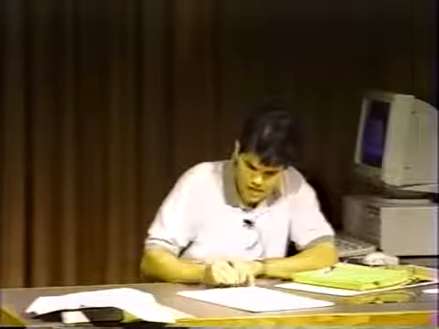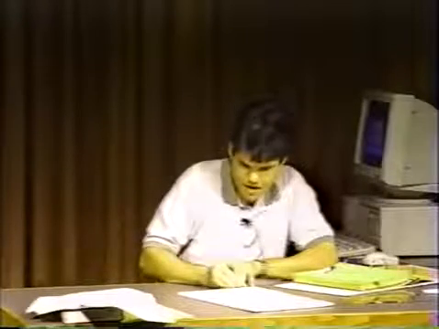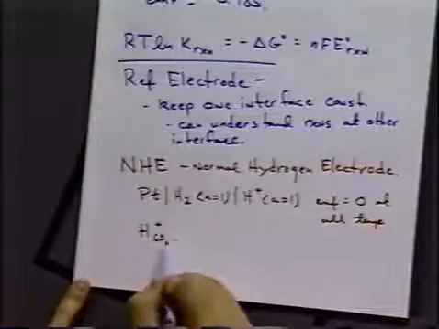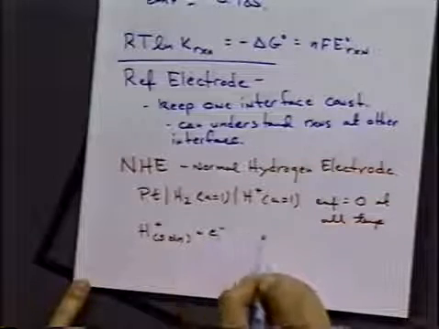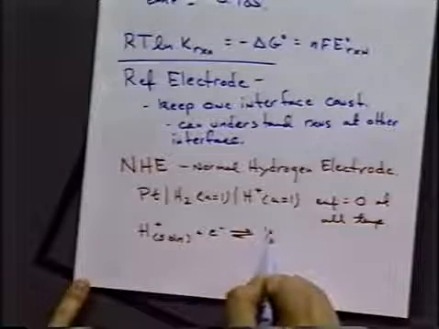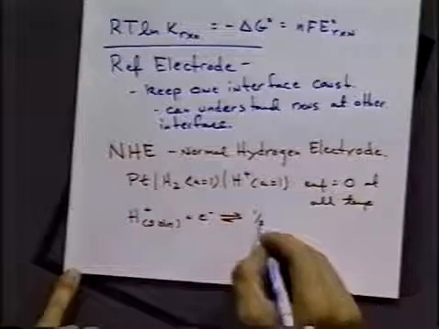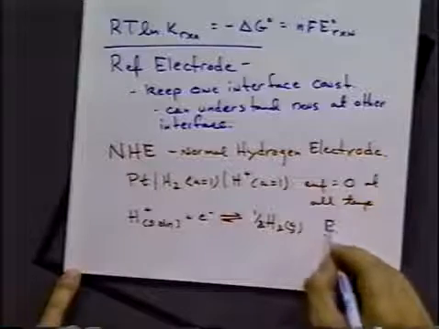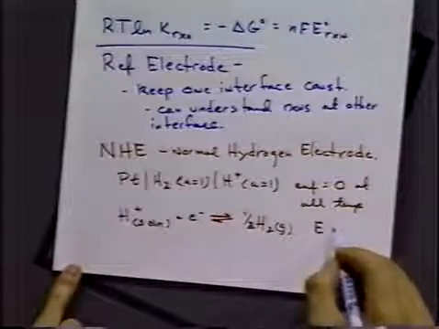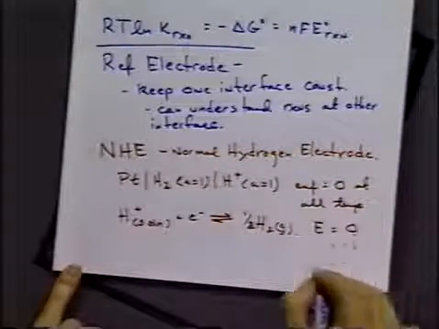Also, that implies that the reaction of hydrogen ion in solution plus an electron going to 1/2 hydrogen gas, the half reaction, is also equal to 0.